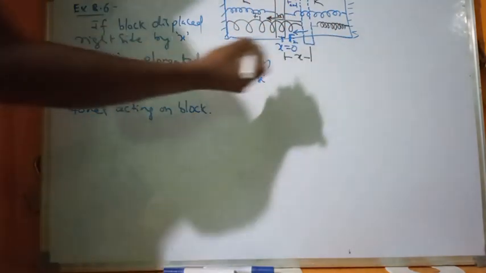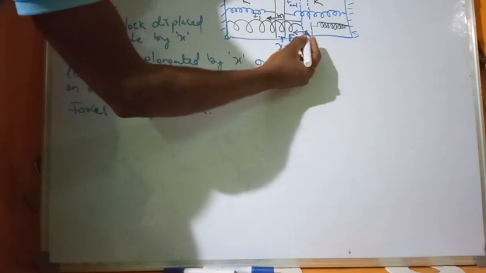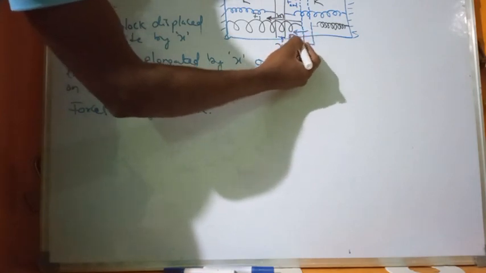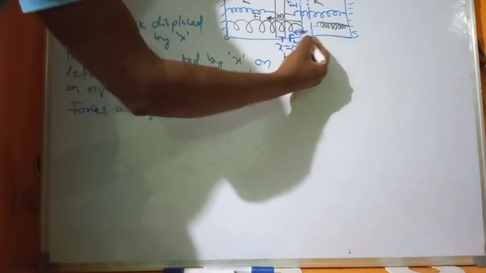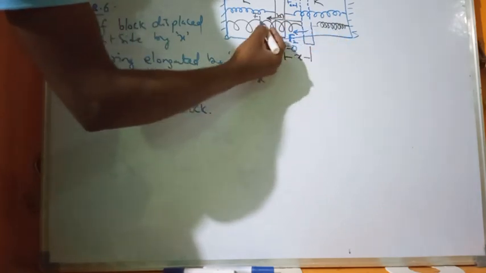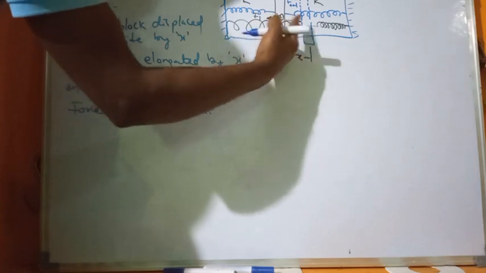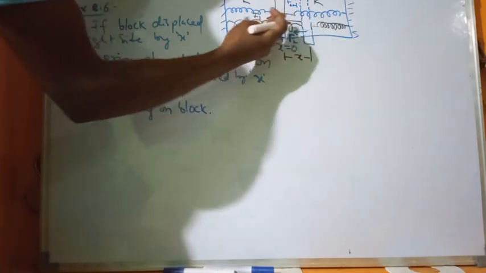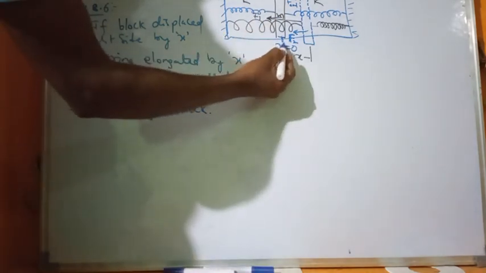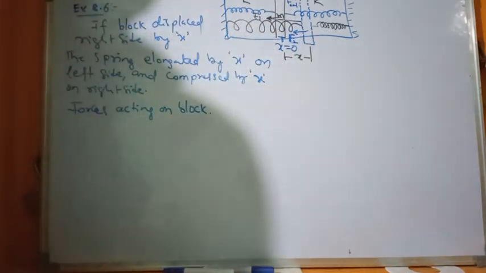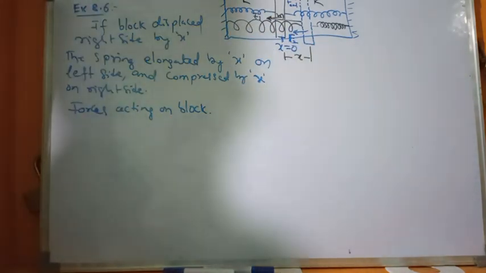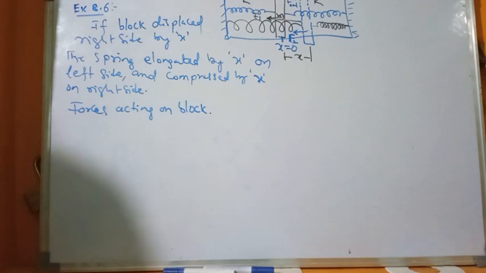Since one spring is pushing the block towards the mean position and the other, being elongated, is pulling it towards the mean position, F1 and F2 both act towards the mean position. F1 and F2 are restoring forces.